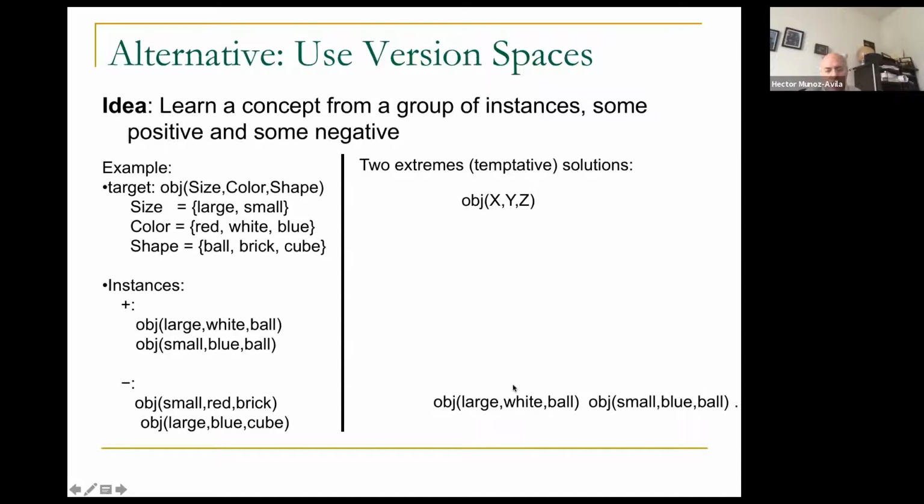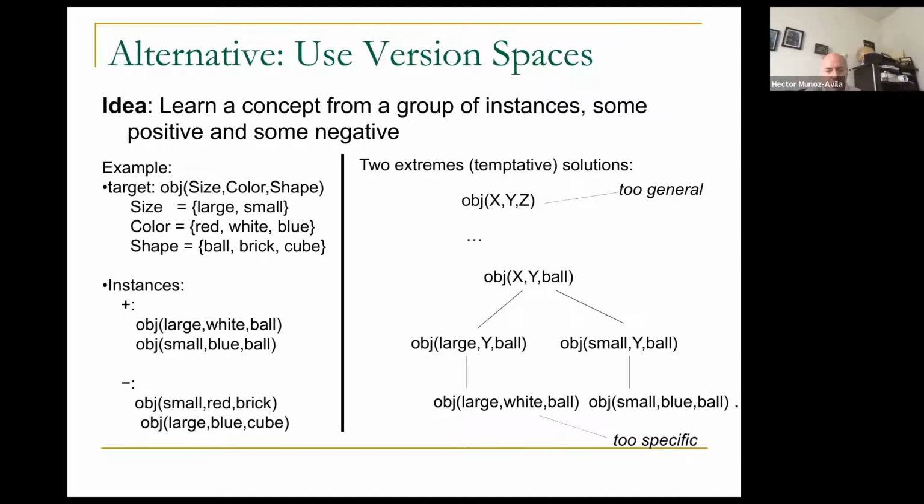Then using these positive and negative examples, they start refining the conditions. I don't want to get into details of the procedure, but basically you start replacing some of the conditions here with variables that are consistent with the positive examples and inconsistent with the negative ones.